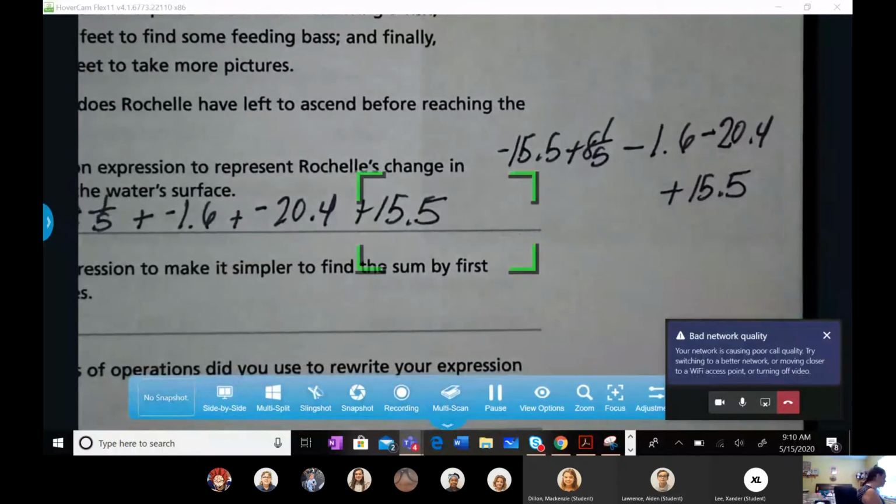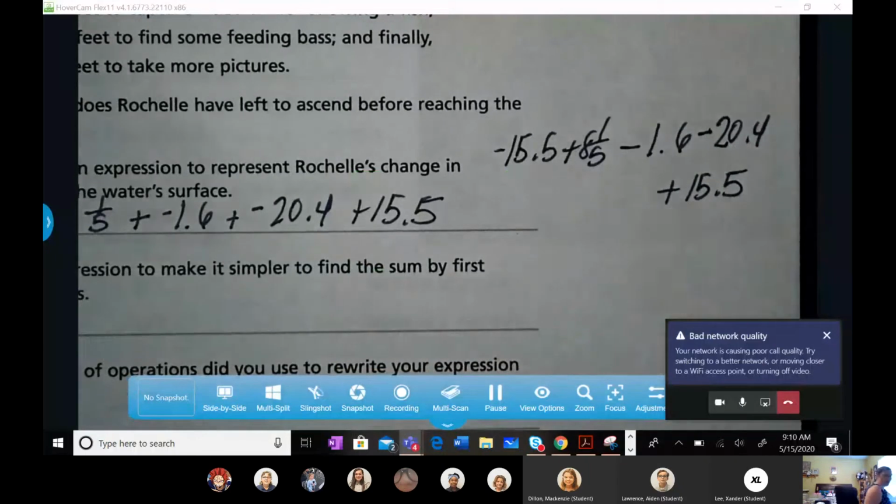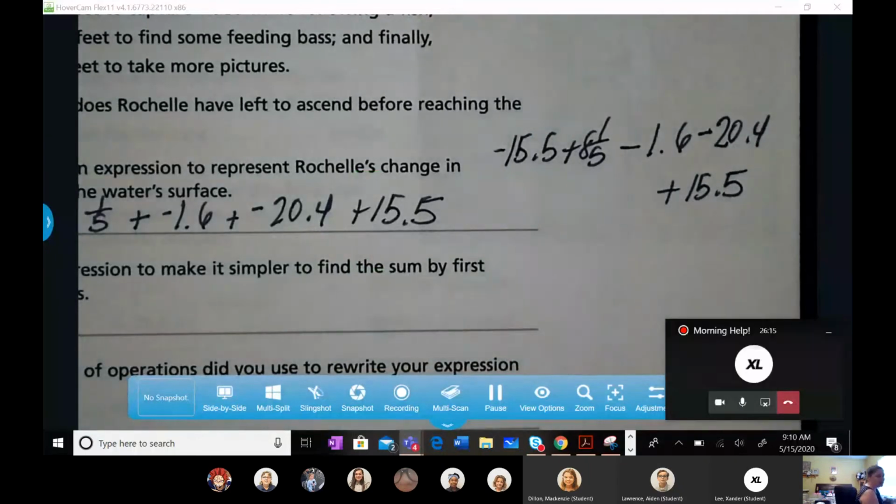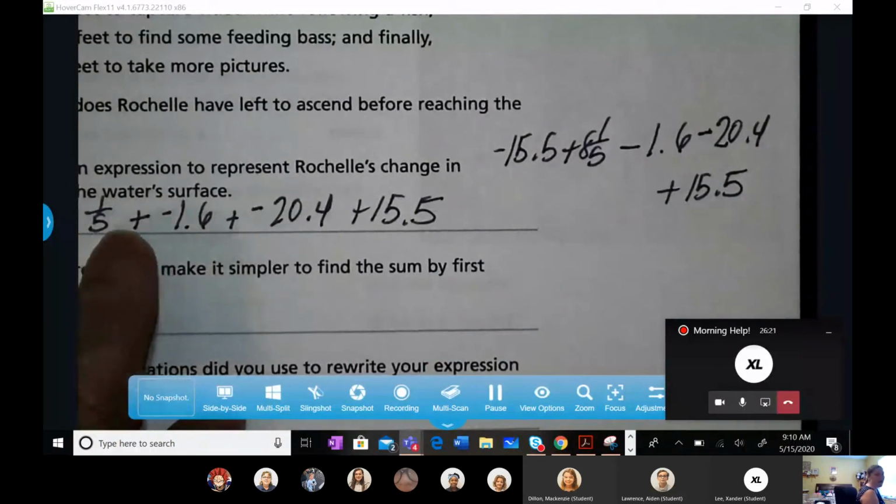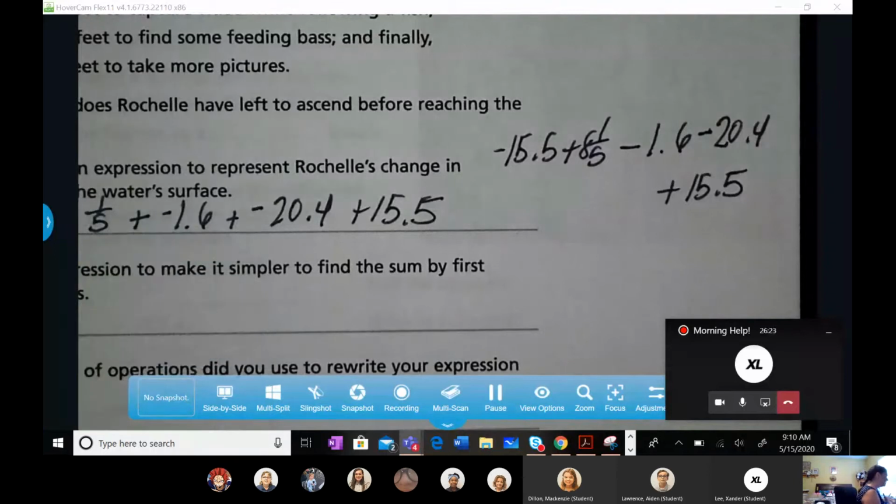Okay, so what I usually tell my students when I get them in algebra is negatives and subtractions mean the same thing in algebra. Okay, so because we are always adding that opposite, technically they're the same. Okay, so that's how those two ways you could have written that.